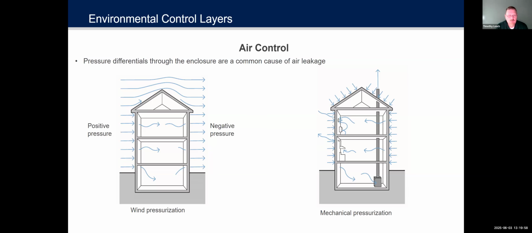So your wall has to deal with both directions, really. And then you can have mechanical pressurization where either there's pressure outside the building relative to what's inside, or if your HVAC is kicked on and you're pushing air through the building, you could pressurize the inside of the building relative to the outside. And of course, then you have to worry about leaking of that pressure.